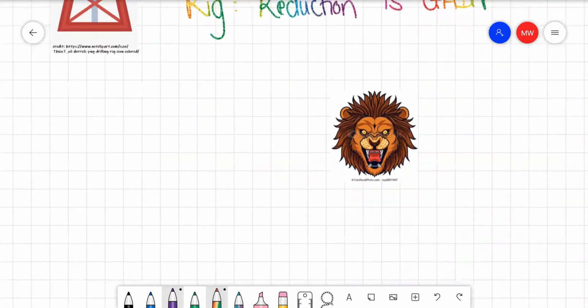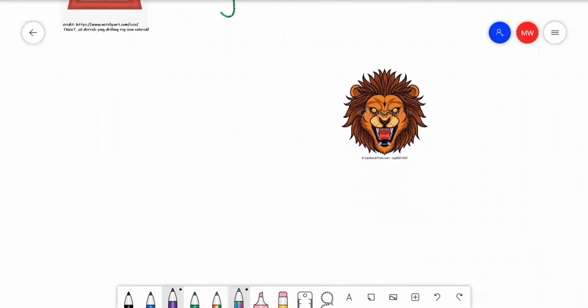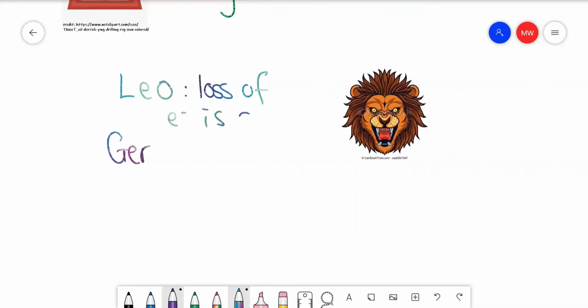Another way to remember it is LEO the lion says GER, where LEO stands for loss of electrons is oxidation, and GER stands for gain of electrons is reduction.